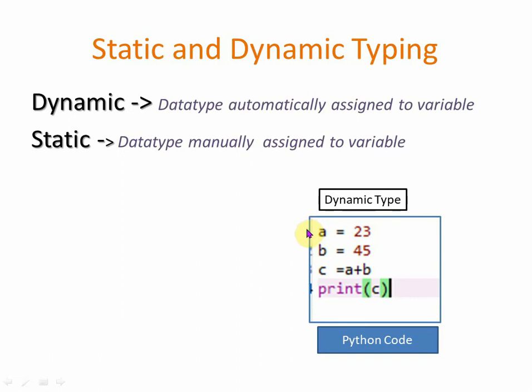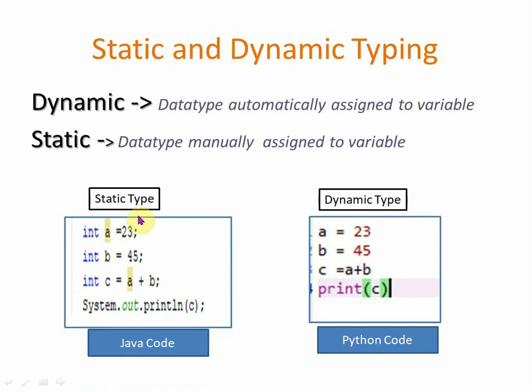I haven't told the computer that this is going to consume int memory space. But this is Java code. Here I have to tell the computer in advance that this is going to consume the memory which int consumes. Python automatically assigns the amount of memory which the variable is going to consume throughout the program. This is dynamic and this is static.